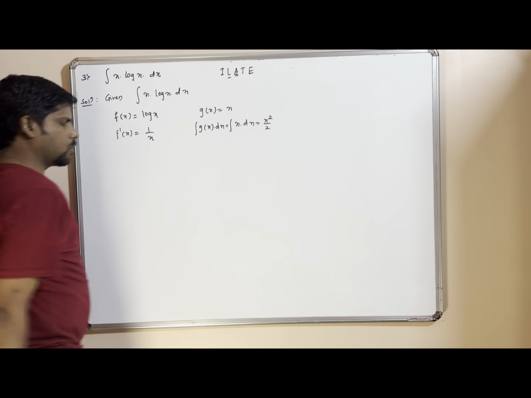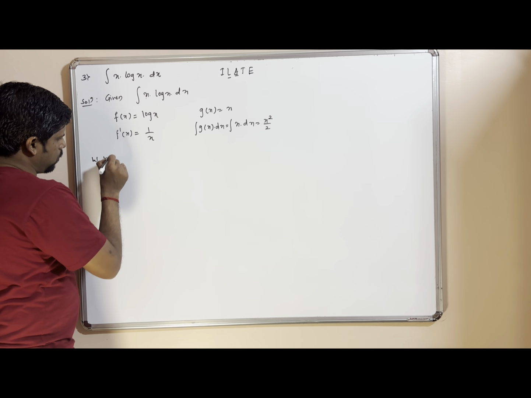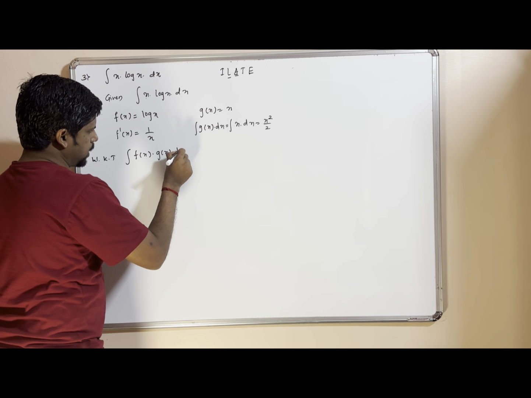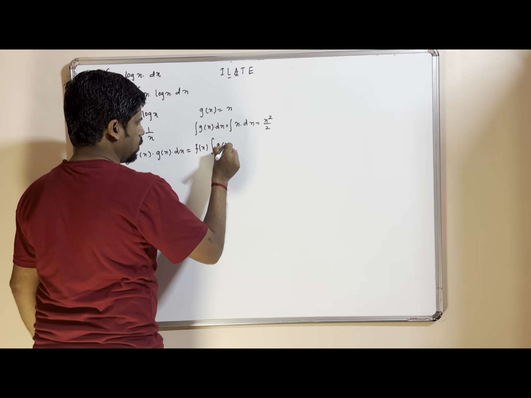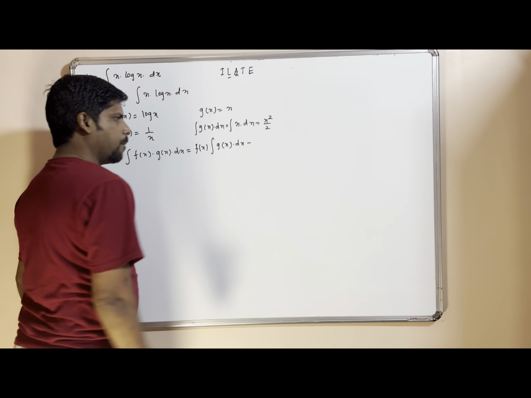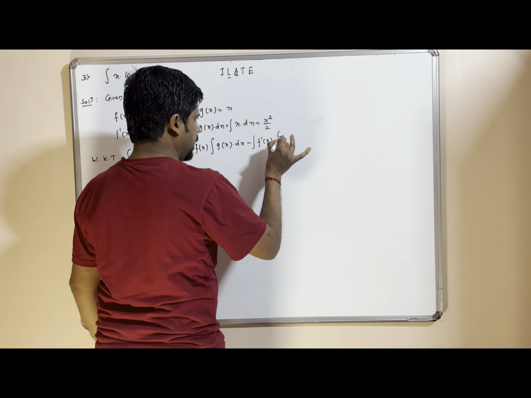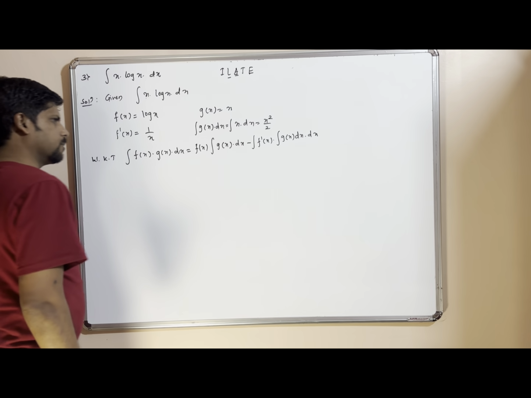Now substitute into the formula. We know that integration of f of x into g of x into dx is f of x integration of g of x into dx minus integration of f dash of x integration of g of x into dx into dx.